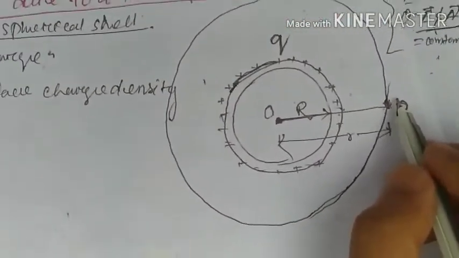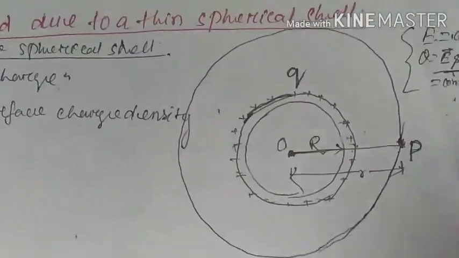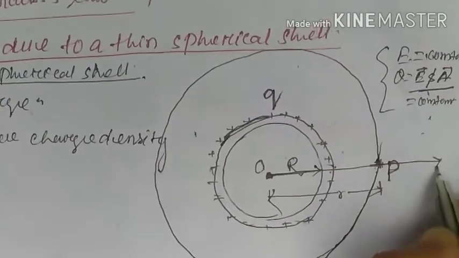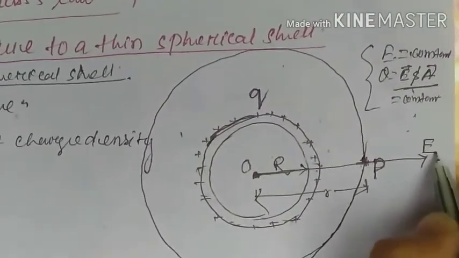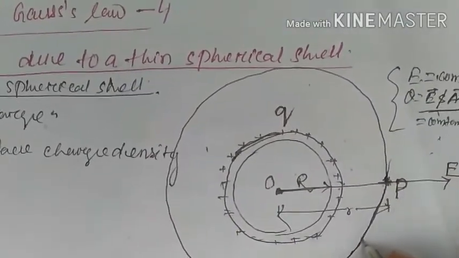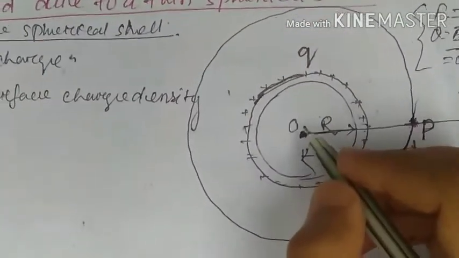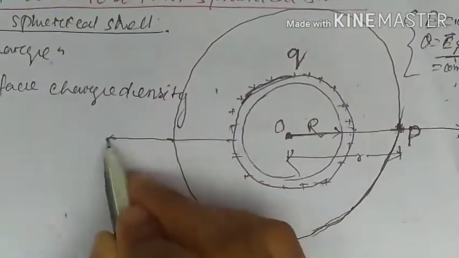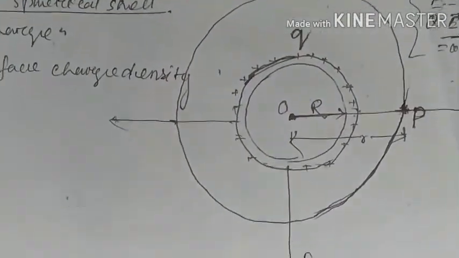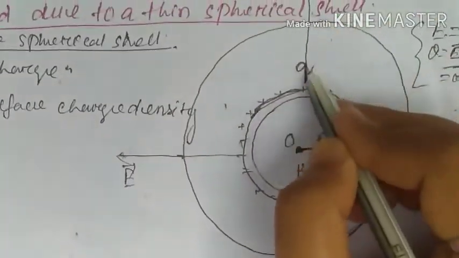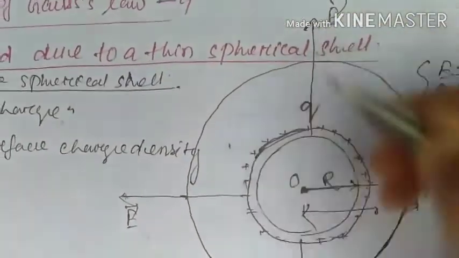Now we will see the electric field direction. The electric field is directed in this direction, and we know in a sphere the electric field is directed radially outward. So it is like this somewhere. Here also it is like this. These are the electric field directions we can take.